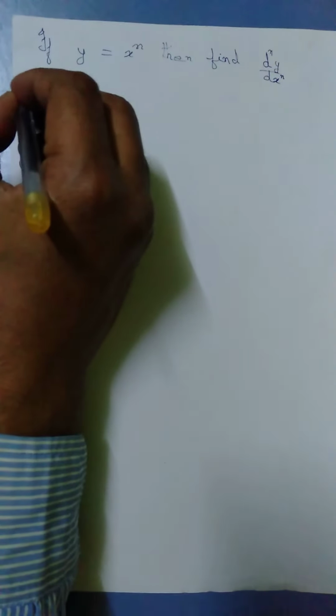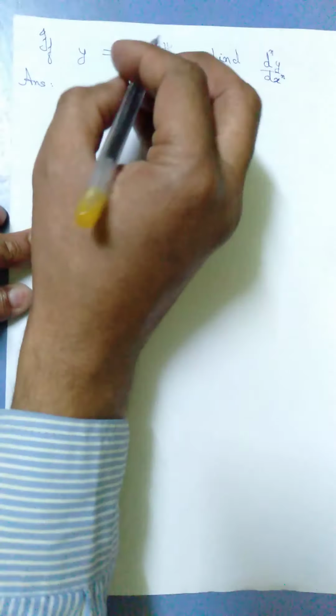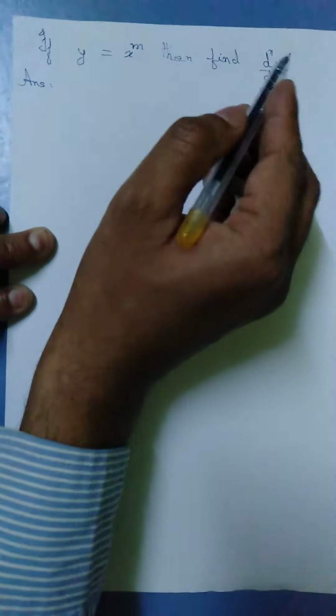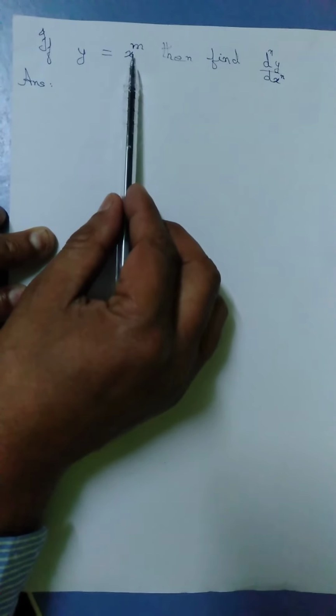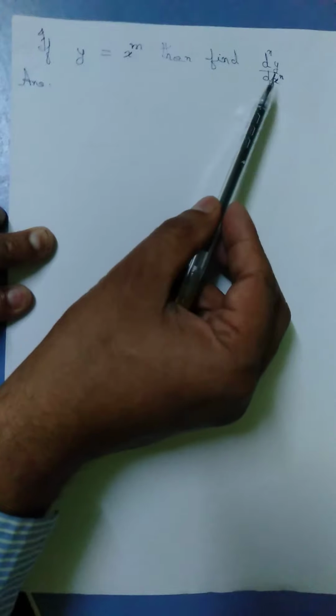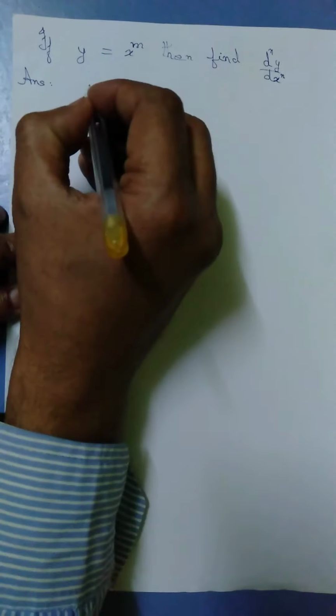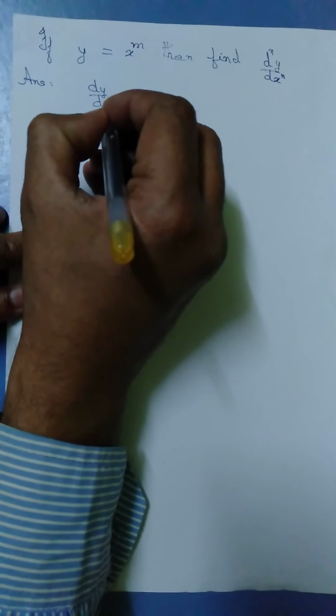Now, if y equal to x to the power, let's write m here. We want different n and m. So the question is, if y equal to x to the power m, then find the nth derivative of y with respect to x. Let's find the first derivative, dy by dx.